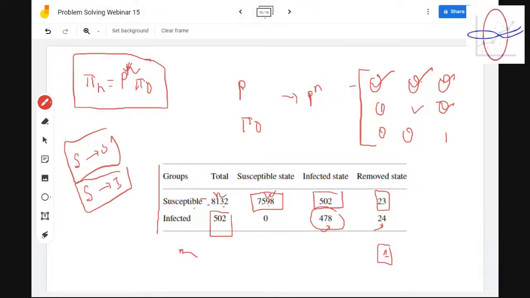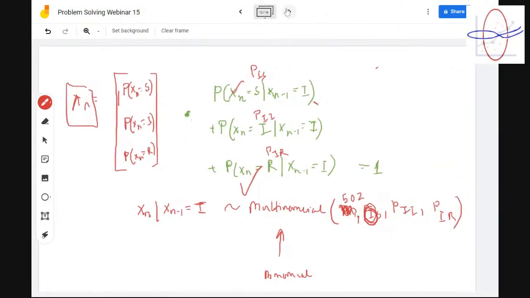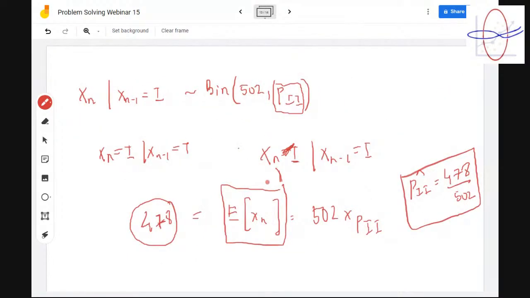Where you have written the expectation of Xn, that will be the expectation of Xn given Xn minus 1 equals I, no? This is not correct. In fact, the idea is that given Xn minus 1 is equal to I, what is the expected value of the infected people? If we model success as infected and failure as not infected, we get a binomial model. Since the sum is 1, it comes out to be PII.